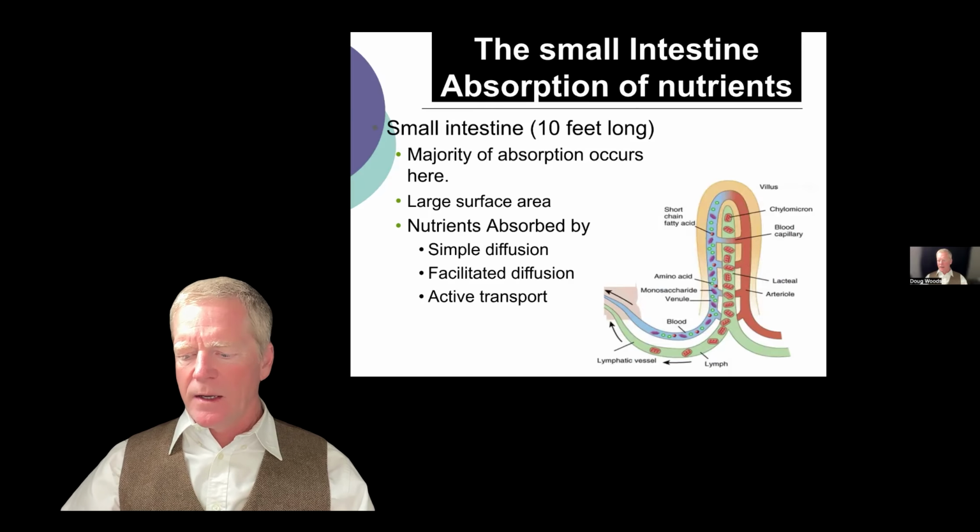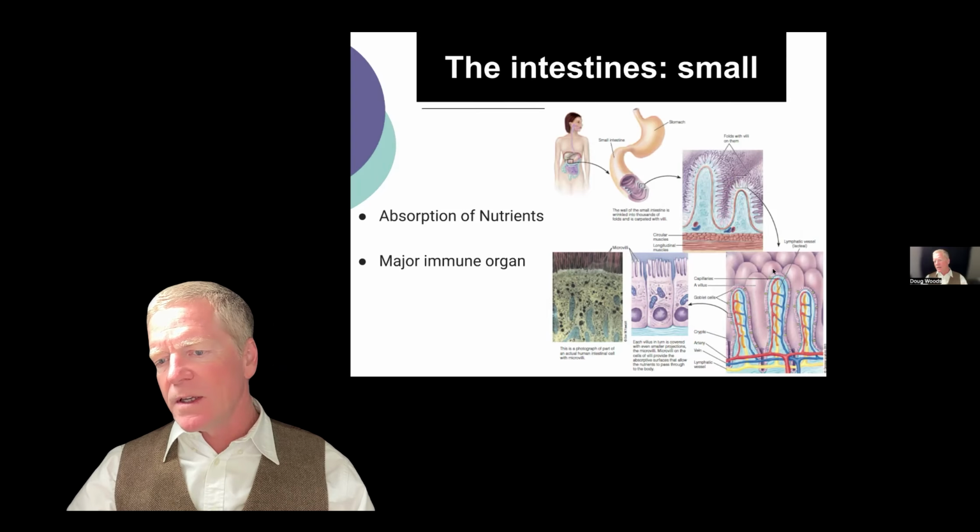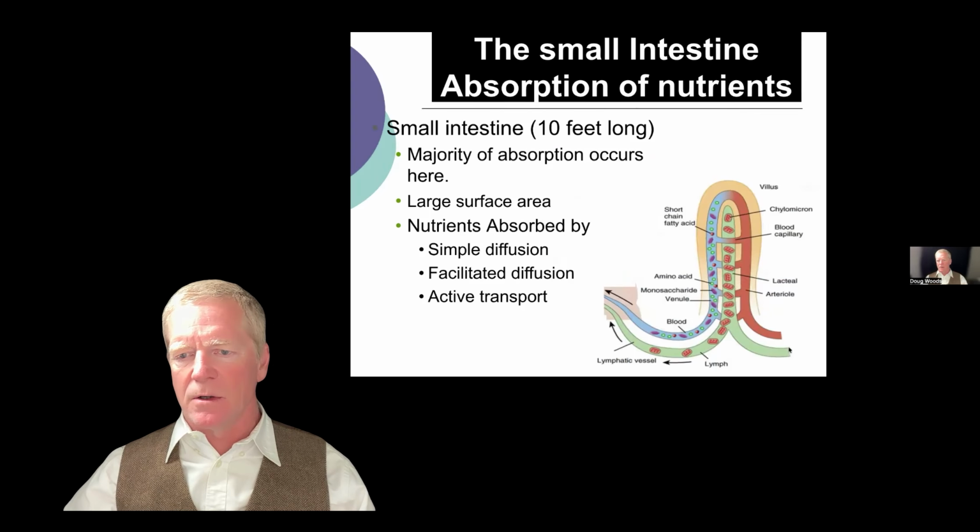So let's take a look back here. And now we're going to take one of these villi and take a closer look. So that would be one of these villi here. It would have cells lining the villi all the way up and all the way down. There's the blood supply.